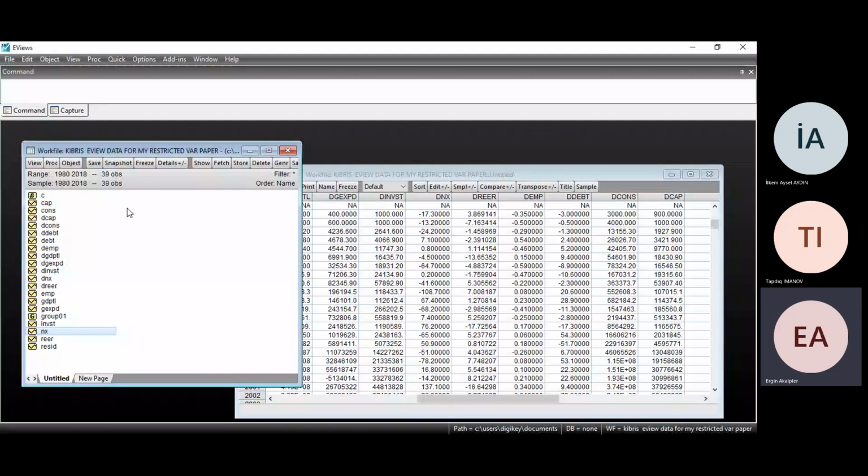Okay, I'm going to introduce you to the application of vector error correction. Here I have, as you see, a somewhat larger paper, larger variable set, and larger model.